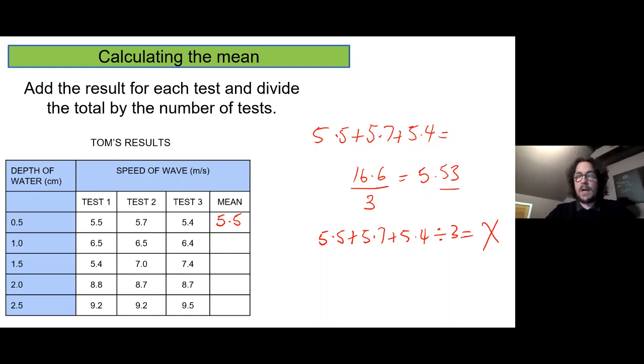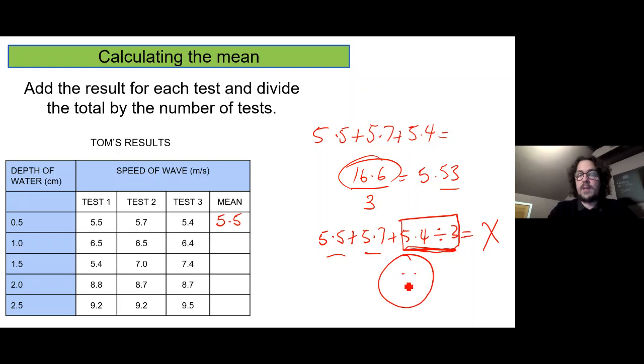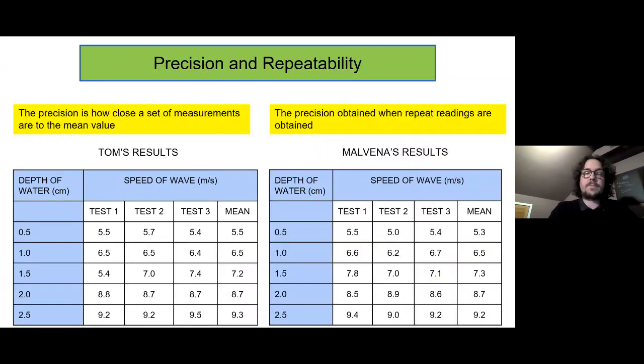It's so important that you work out that total first of 16.6, and once you've got your total, then divide by 3, because what happens here, the calculator may well just divide this last number, this 5.4, by 3, and then add on these other 2 values, and that would be bad. Okay, yeah, you got it. Sad face. So that's how you calculate a mean.